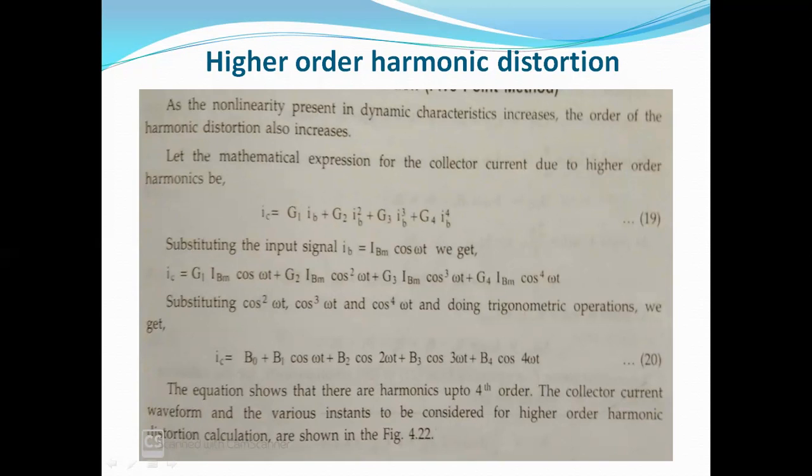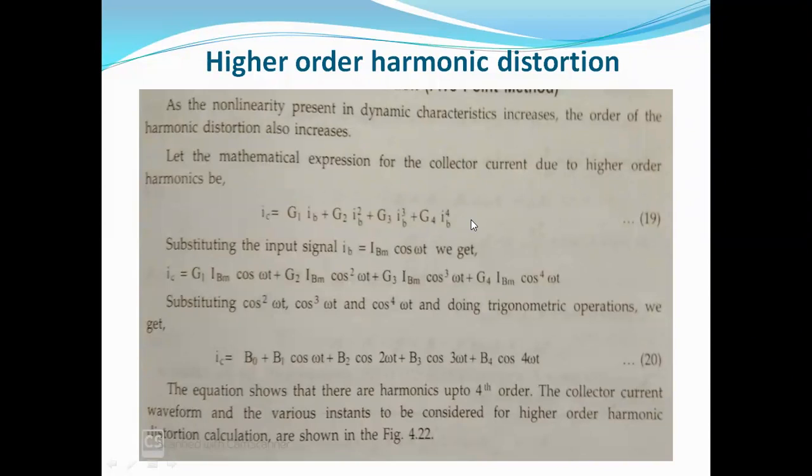Then IC is mathematically expressed as G1 IB plus G2 IB square, if you consider the second harmonic frequency. Here we are considering higher order harmonics, that means more harmonics. So this equation becomes G1 IB plus G2 IB square plus G3 IB cube plus G4 IB power 4.